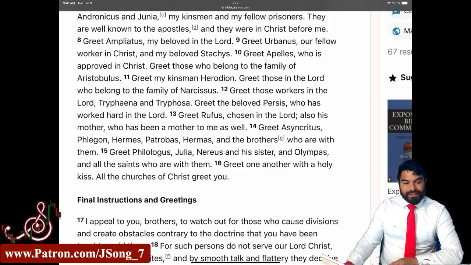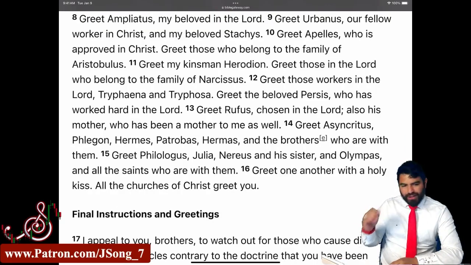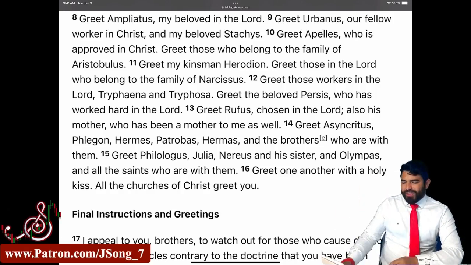Greet Rufus. He has a great dog, Rufus. A great dog as well. Chosen in the Lord, also his mother. I'm just kidding. Chosen in the Lord, also his mother, who has been a mother to me as well. Greet Asyncritus, Phlegon, Hermes, Patrobas, Hermas, and the brothers who are with them.